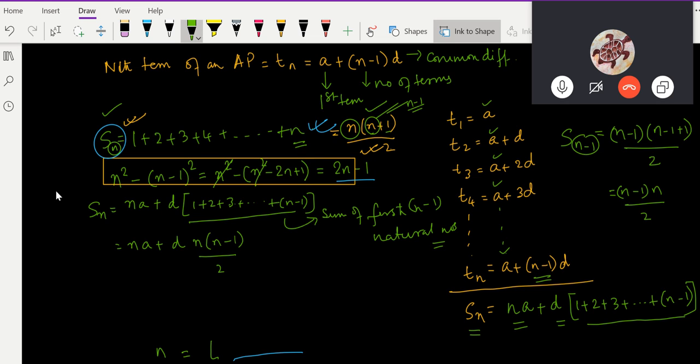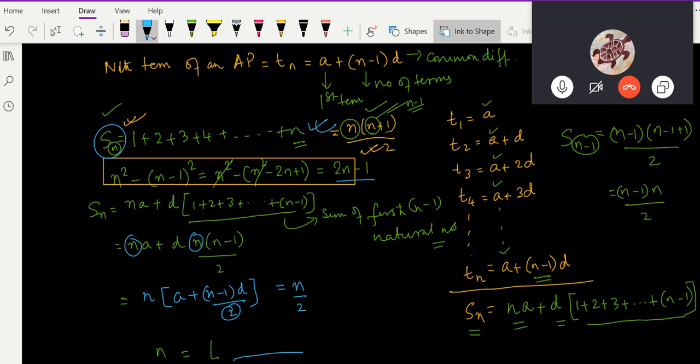Then I will simplify this. I can take n common from both these terms, right? So n into a plus n minus 1 into d by 2, and I want to take this 2 out also.